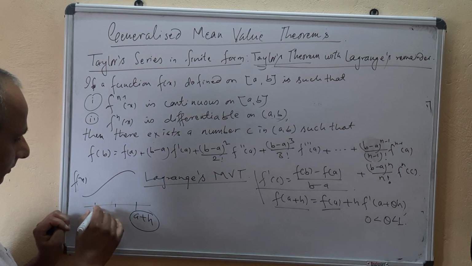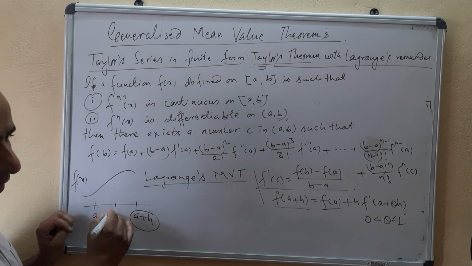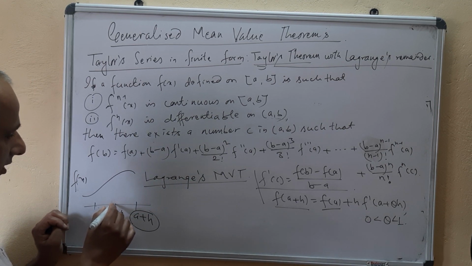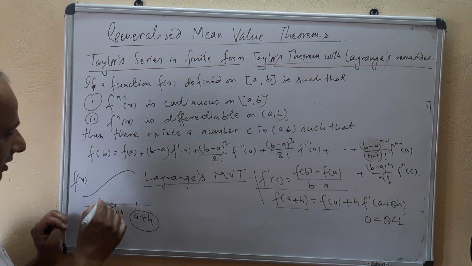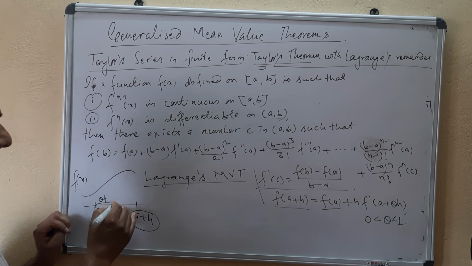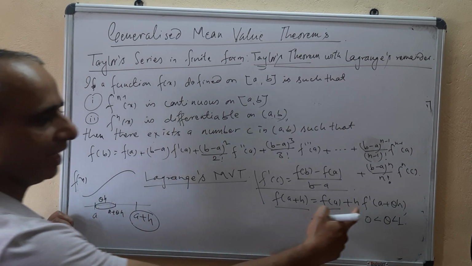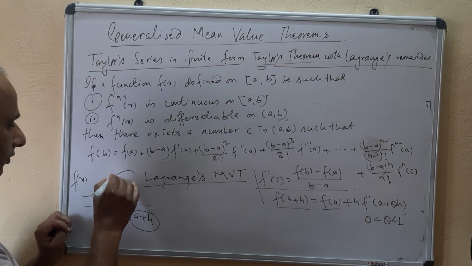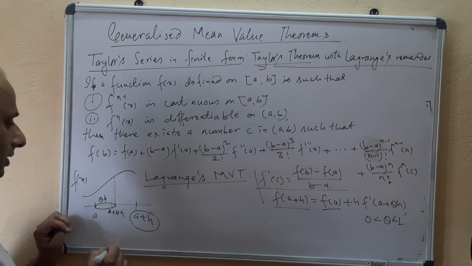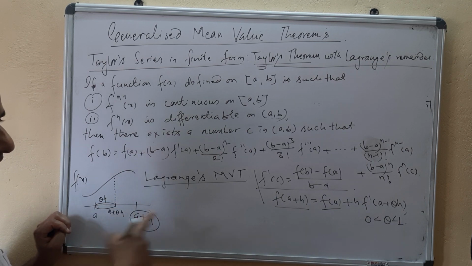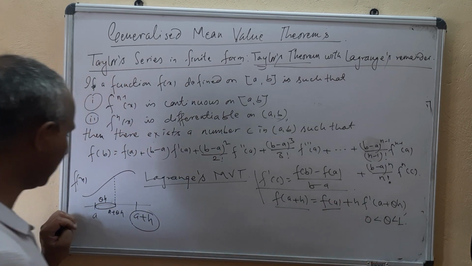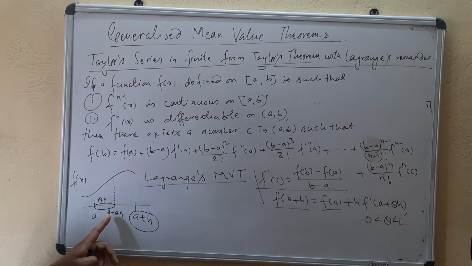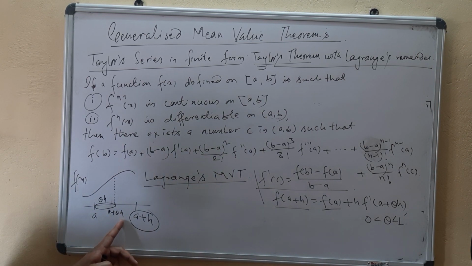and there is a point, let's say here, a plus theta h. A plus theta h means the distance from here to here is theta h, and f'(a plus theta h) means the value of the derivative of f(x) at the point a plus theta h.